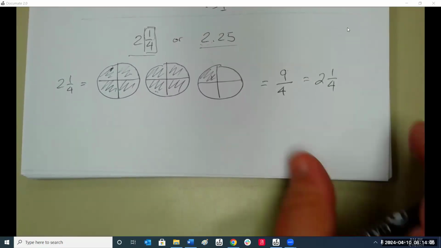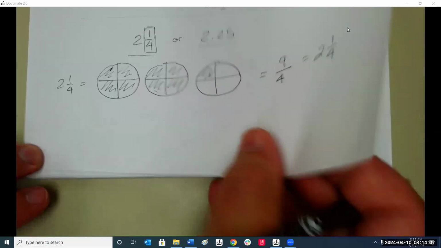Let's look at the manipulatives. How would you represent this using blocks? Let's try that.